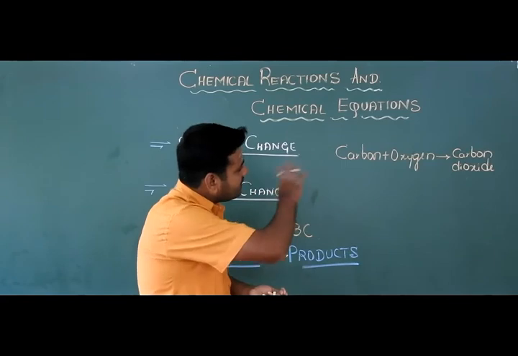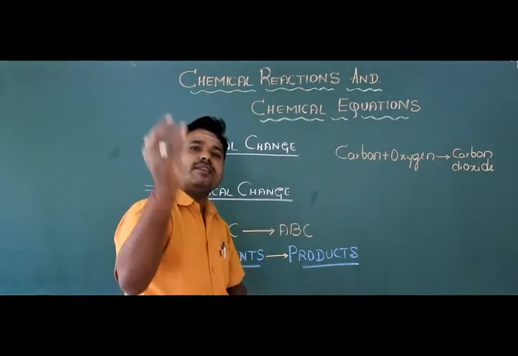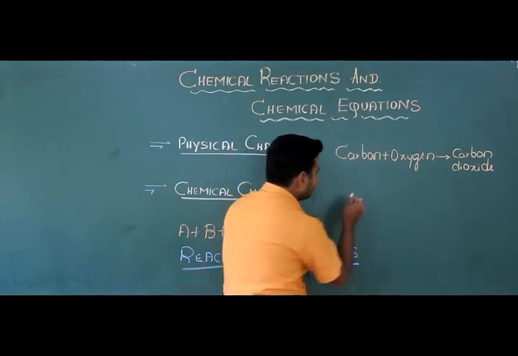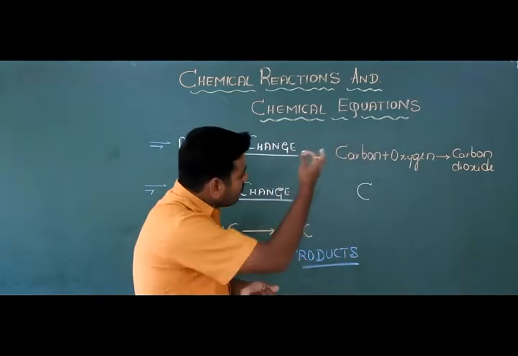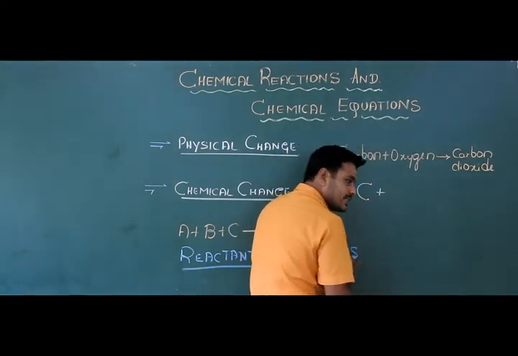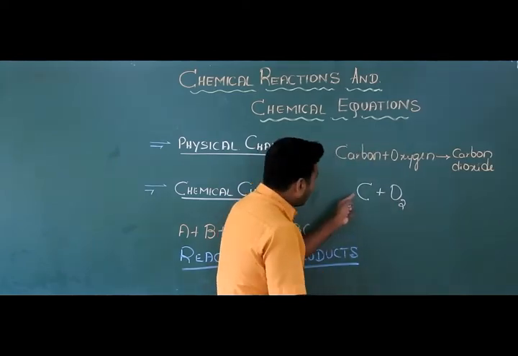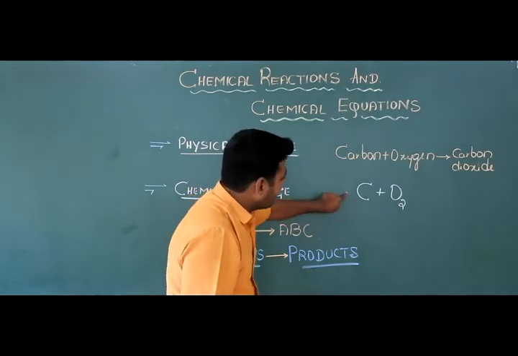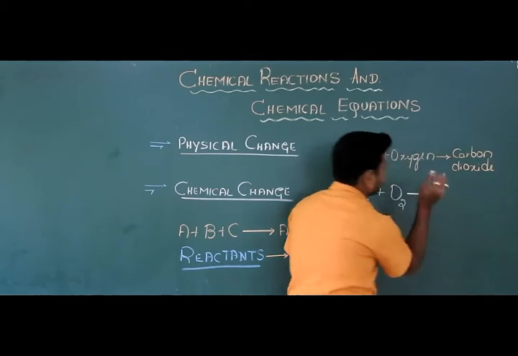Now let us represent the equation for this chemical reaction, students. Carbon. Yes, tell me, what is the symbol for the carbon element? Yes, very good. Capital C is the symbol for carbon. Now tell me, what is the symbolic representation for the oxygen molecule? Yes, very good. O2. The carbon, when it burns with excess of air, forms carbon dioxide.